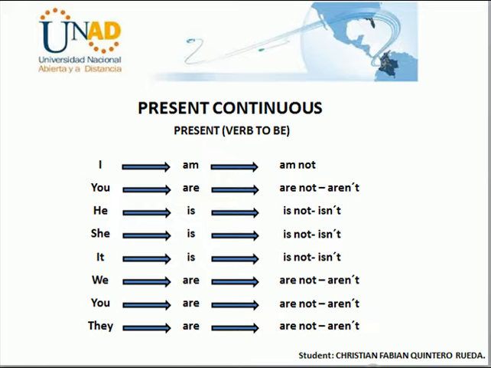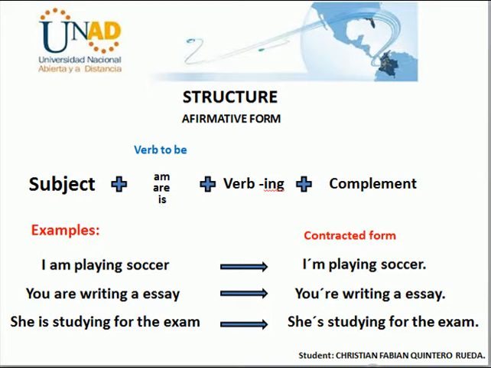So, let's continue with the structure of the present continuous. This is the affirmative form. We have the subject plus the verb to be plus the verb ending in ing plus the complement. Example: I'm playing soccer. You are writing an essay.